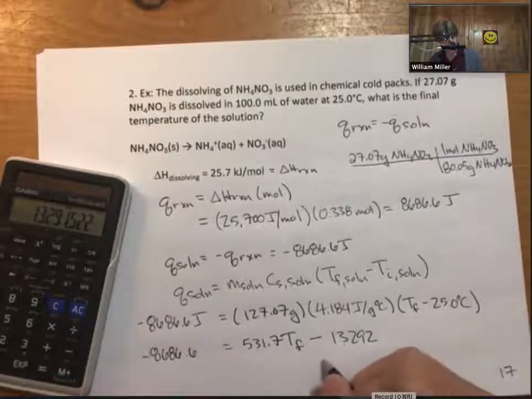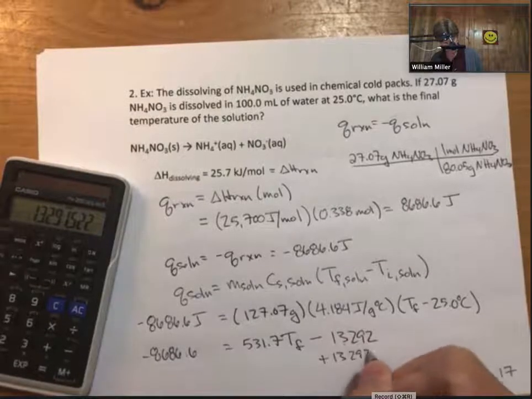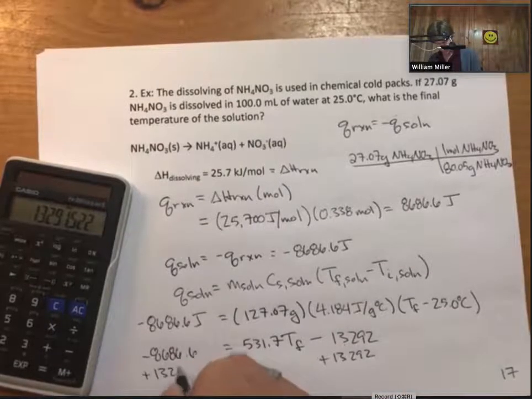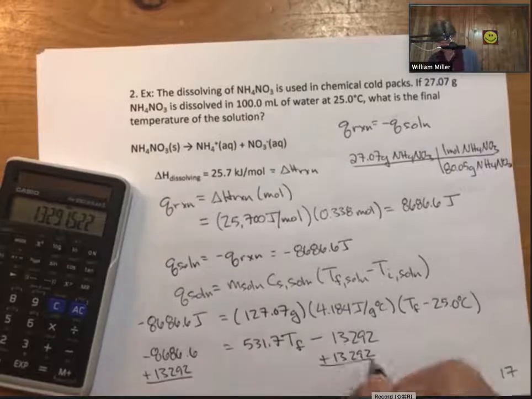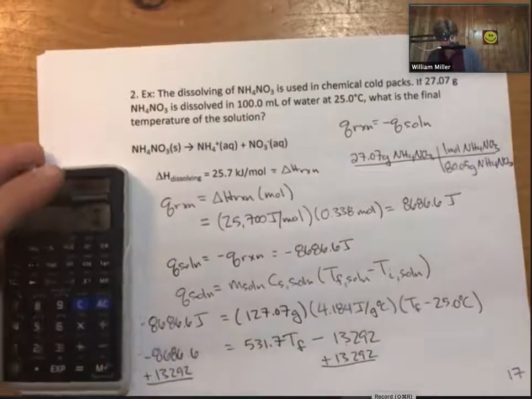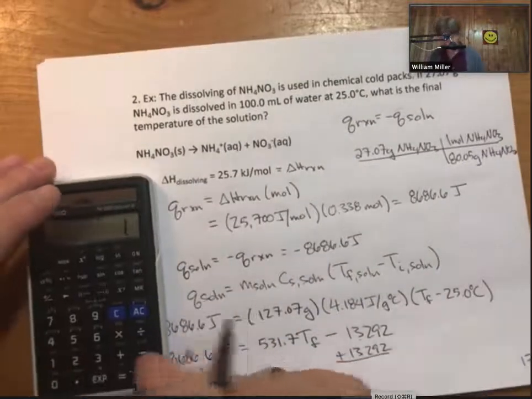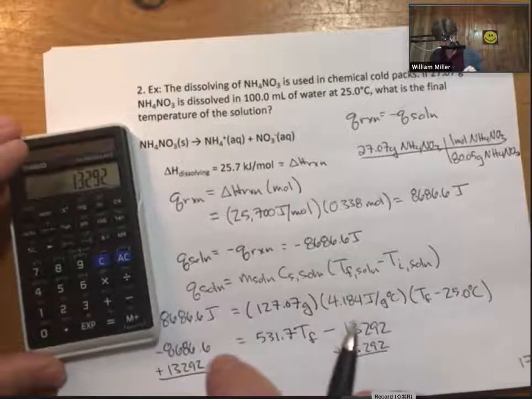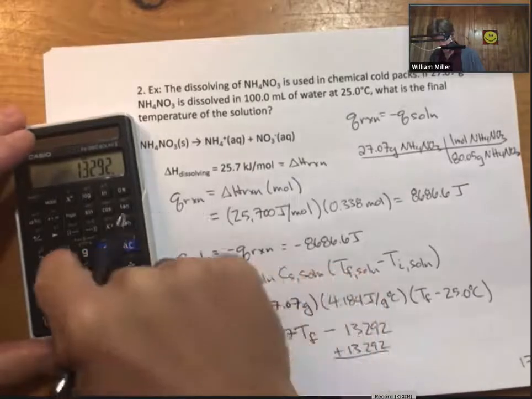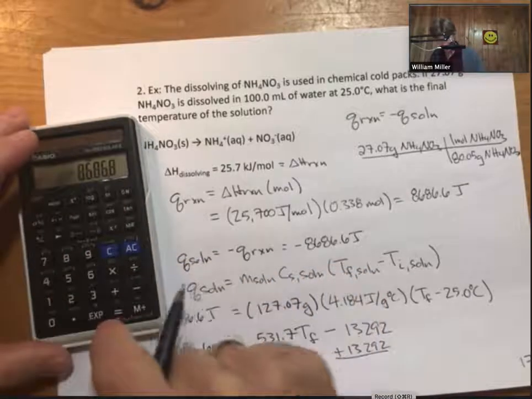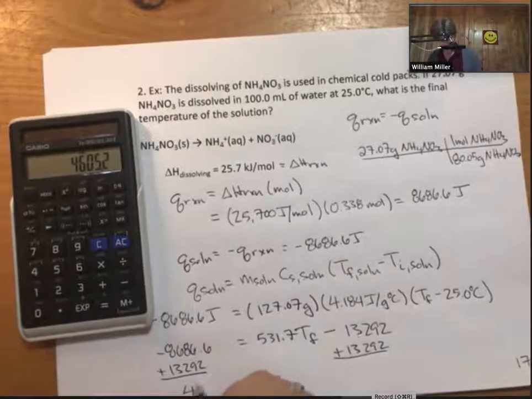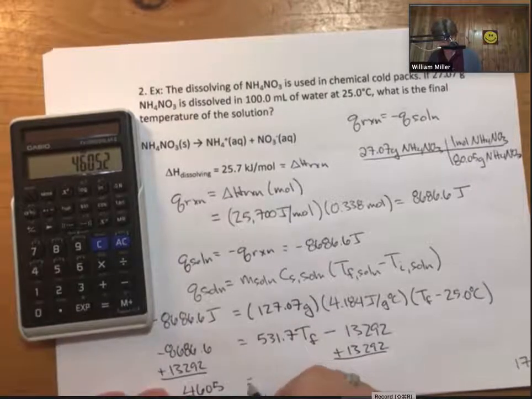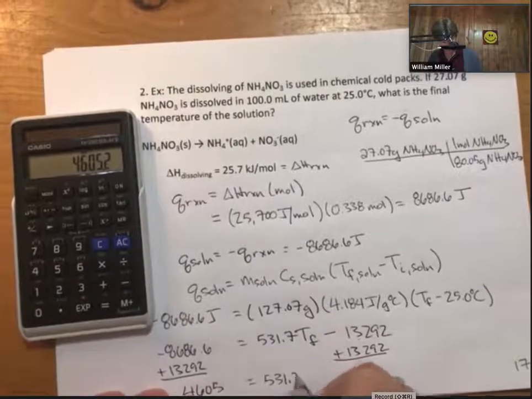I get 13,292 minus 8686.8. I get 4605 equals 531.7 TF.